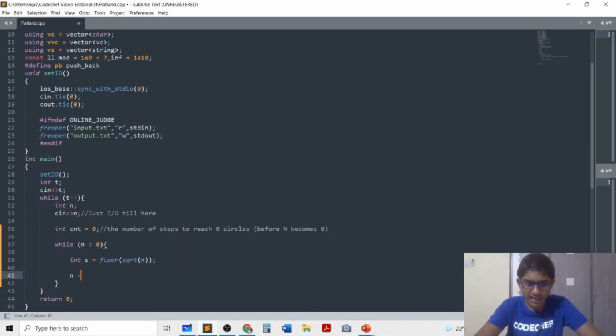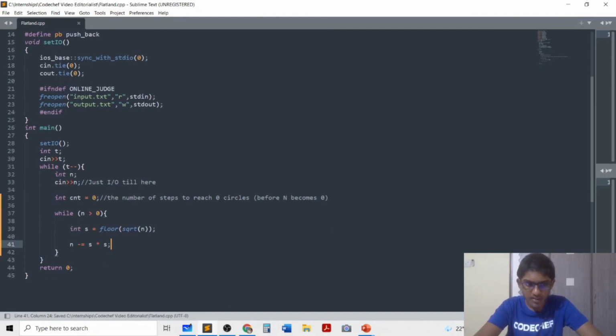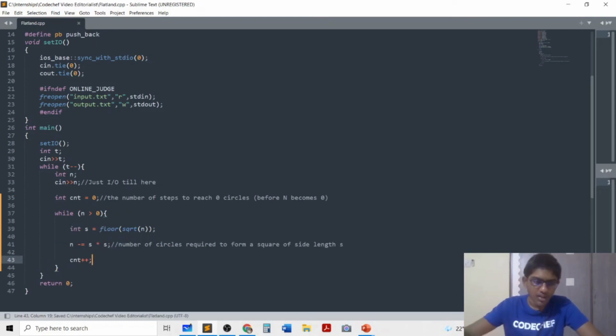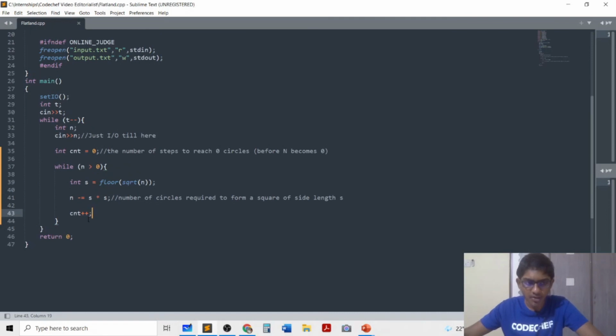Then we decrement n by s into s, because that represents the number of circles required to form a square of side length s. And we increment count by 1 because count is the number of steps we repeat this loop. So the number of steps in the whole process is count, and hence we increase count by 1. In the end, we just print the value of count, which is our final answer.